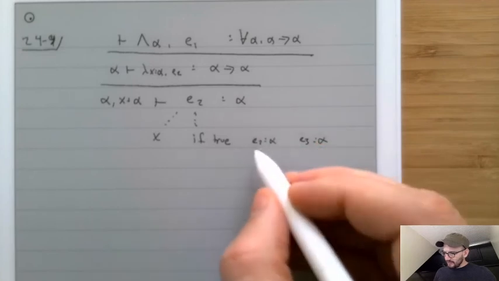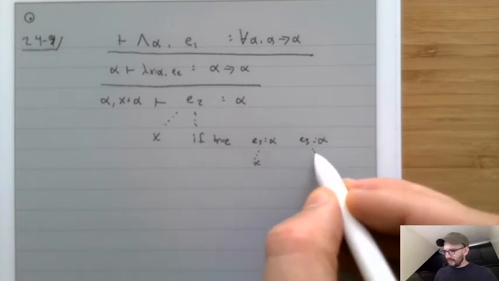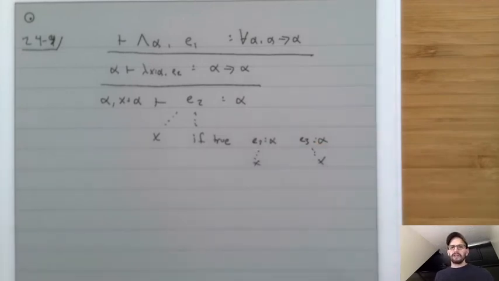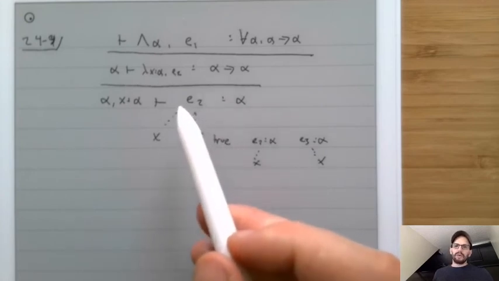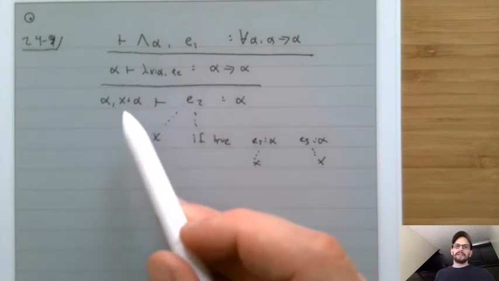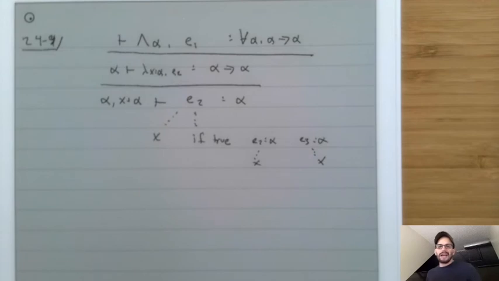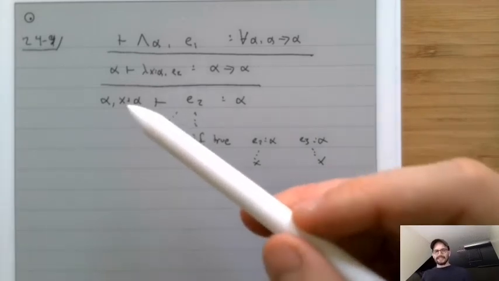It turns out that these would have to also be x eventually, and this would have to also be x eventually. The only value that we know about whose type is alpha is x, because we don't know what alpha actually is. We don't know that it's number, so we can't write 42. We can't write 7, we can't write x plus 5 or anything. The only thing we know about it is that it's some type.